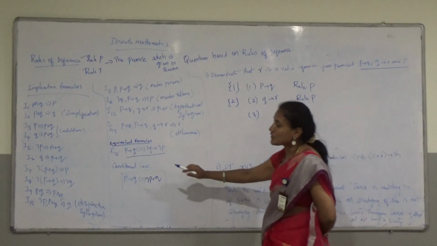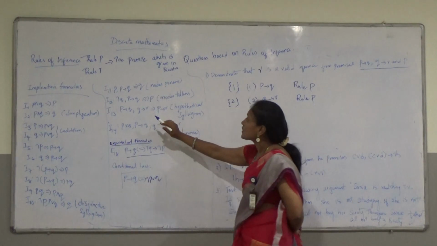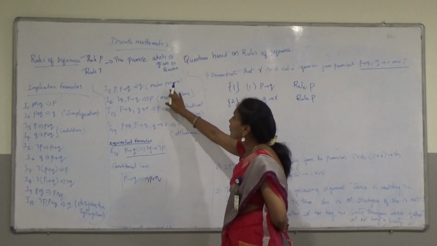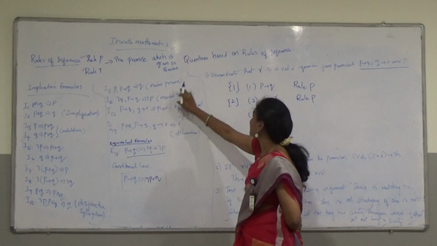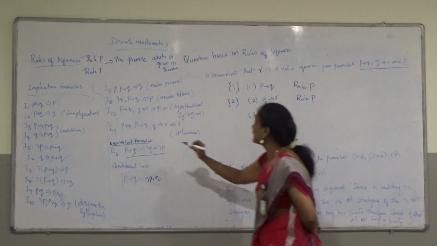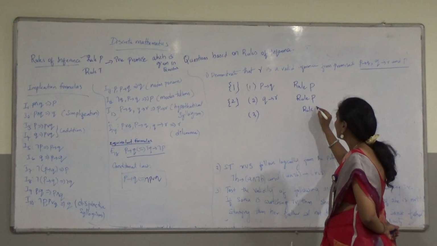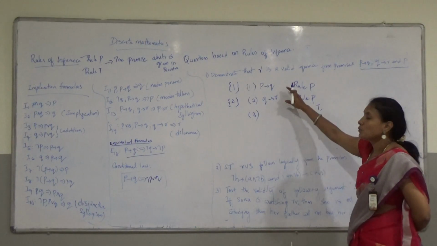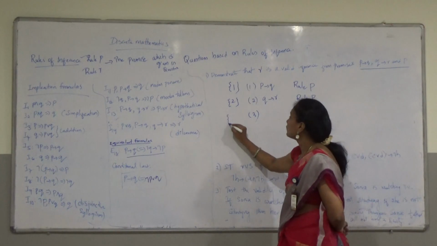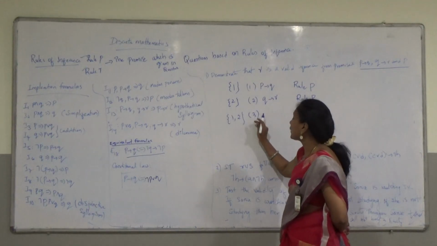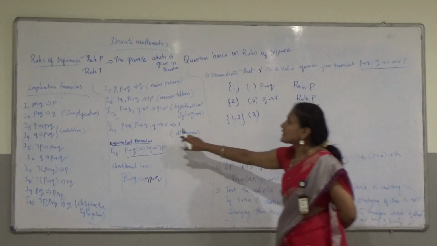Let us check which formula is suitable for this. When we look at I11 or I13, which is more suitable? I13 is the suitable formula, so write it as rule T from 1 and 2. From 1 and 2, you get the third statement. What is I13?